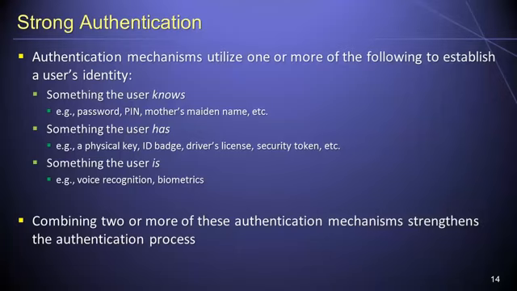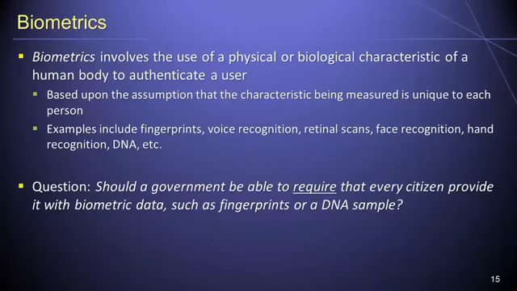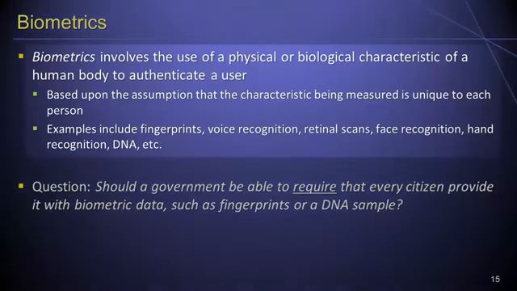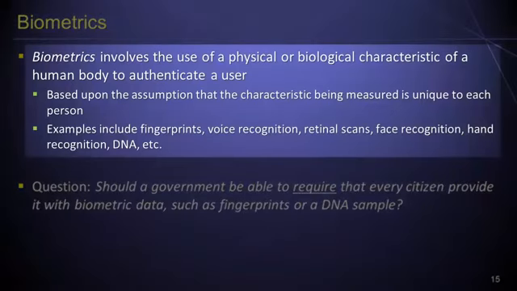And if we want to improve the strength of our authentication process, we can simply combine two or more of these authentication mechanisms. In the past few decades, we've seen rapid growth in the use of biometric authentication, so I'd like to take a few minutes to discuss biometrics and their implications for authentication systems. Broadly speaking, biometrics involves the use of a physical or biological characteristic of a human body in order to authenticate a user.